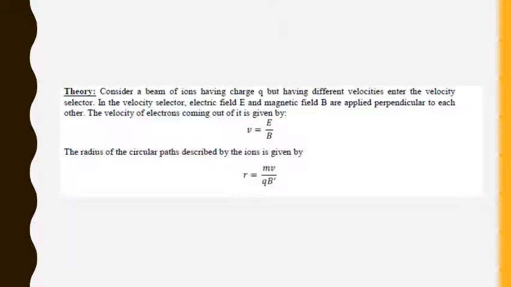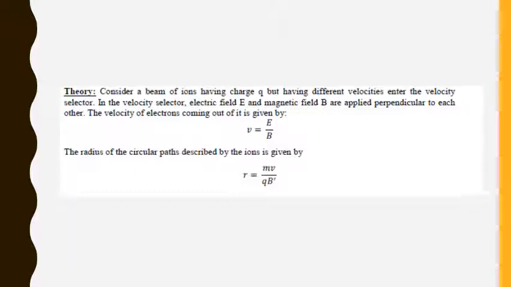If we consider a beam of ions having charge q but different velocities under the velocity selector, as we have discussed in the previous slide, in the velocity selector the electric field and magnetic field are applied perpendicular to each other.